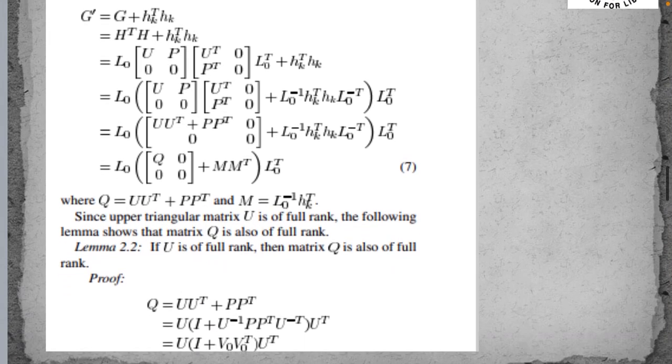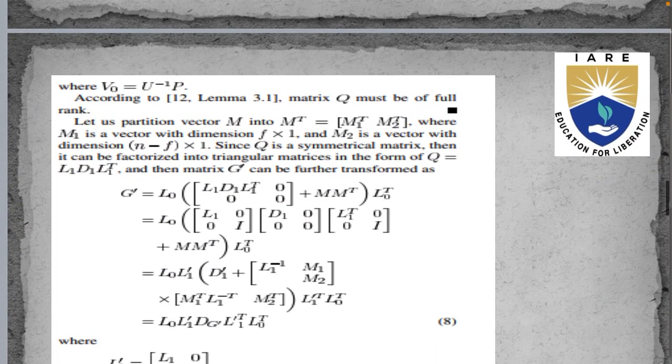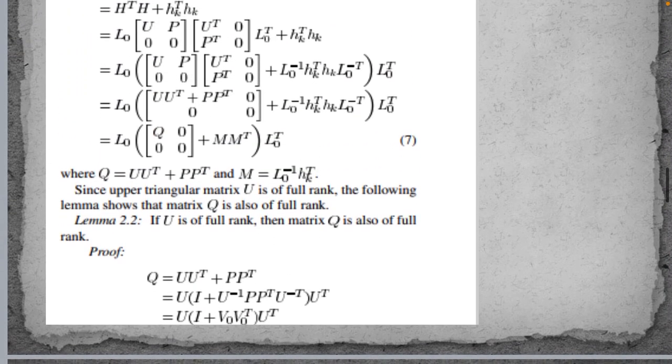Since the upper triangular matrix U is of full rank, the following lemma shows the matrix Q is also of full rank. Lemma 2.2: If U is of full rank, then matrix Q is also of full rank. Proof: Q = UU^T + PP^T.